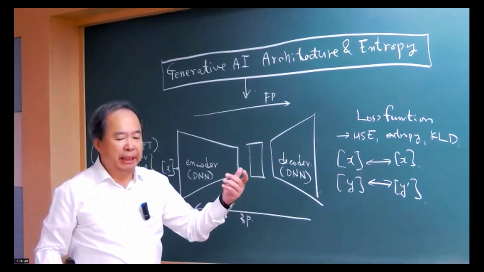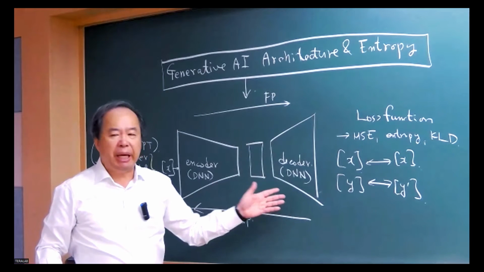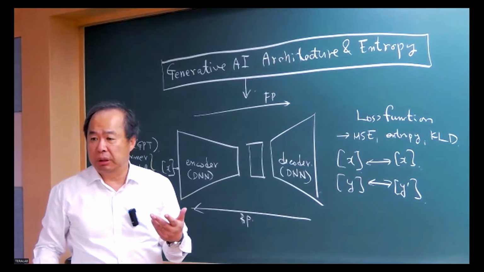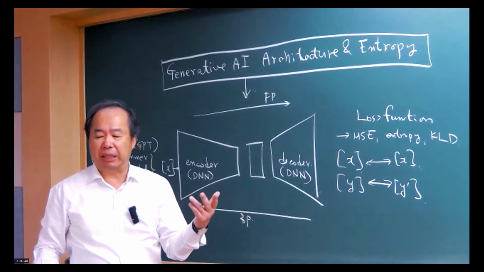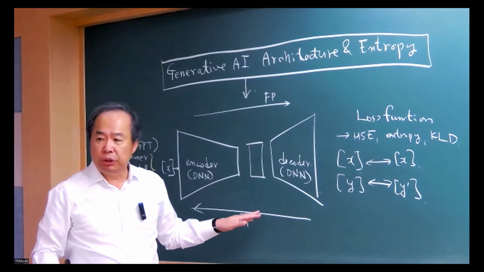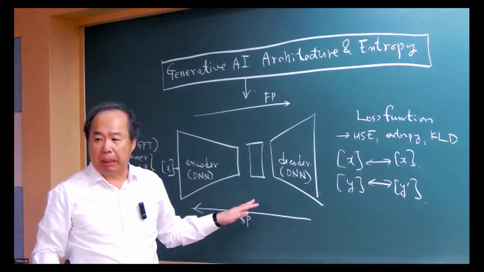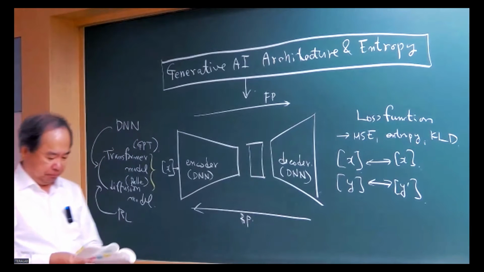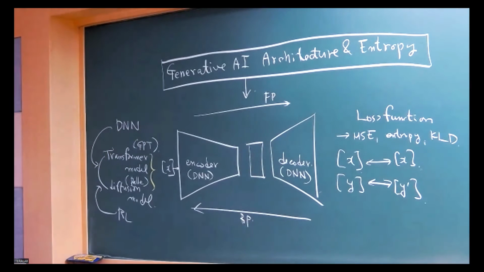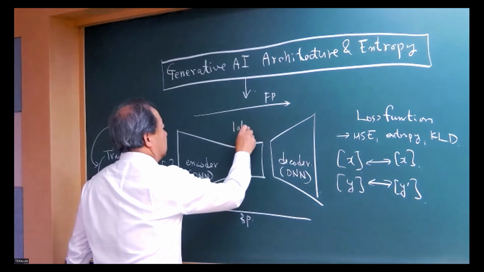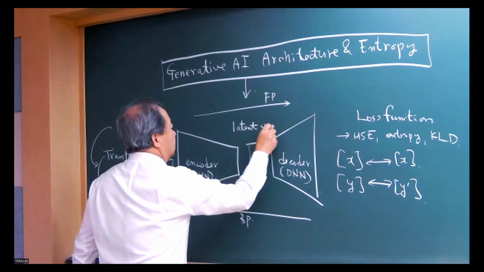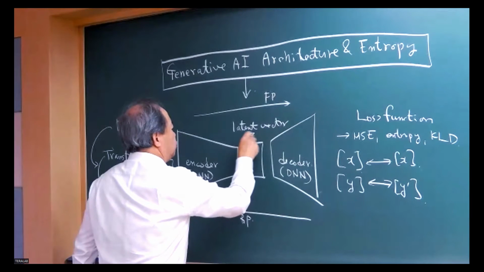So in order to update all those parameters, we have to apply chain rules. In the previous classes, I gave you brief lectures on chain rules being used during backpropagation. In the middle, we have a latent vector that is called G.